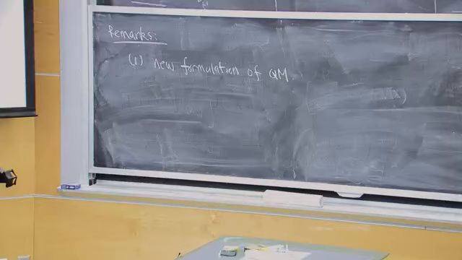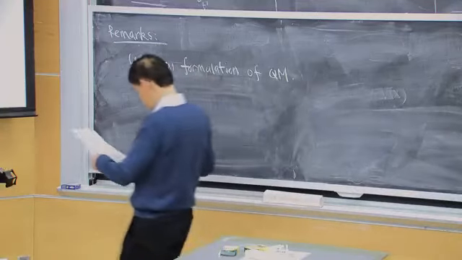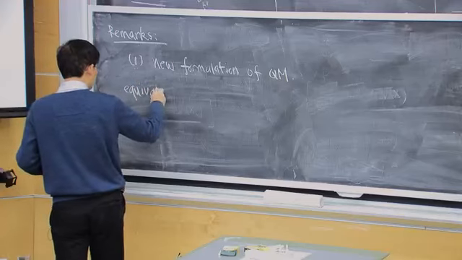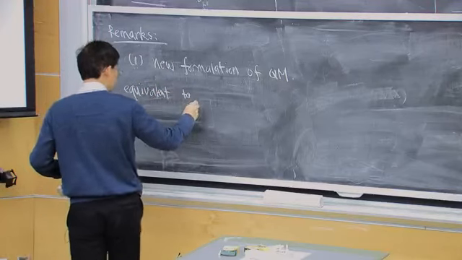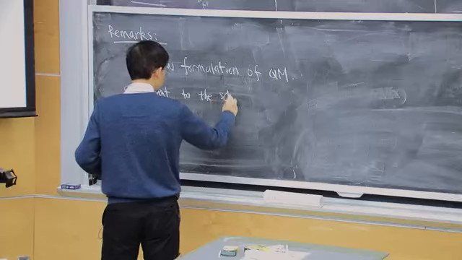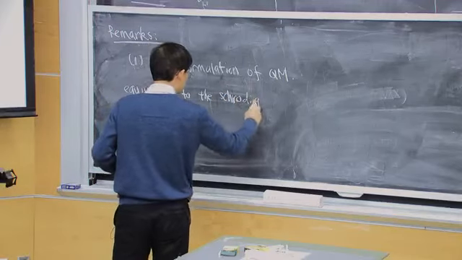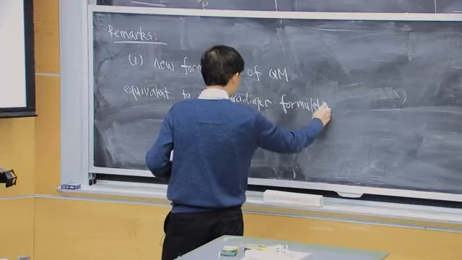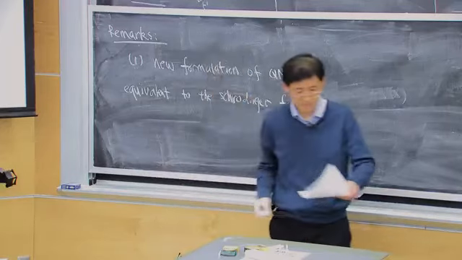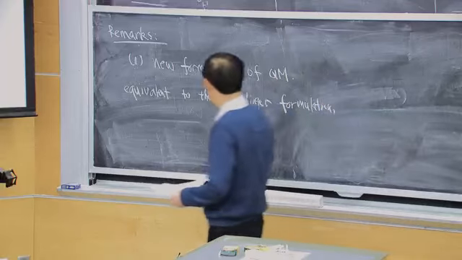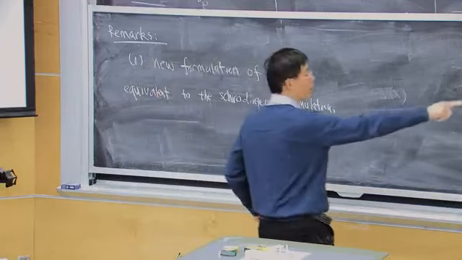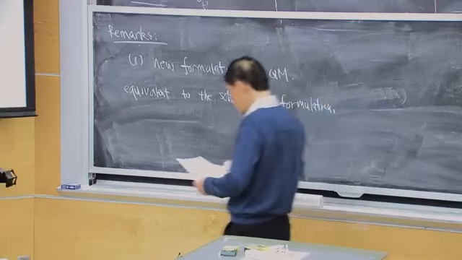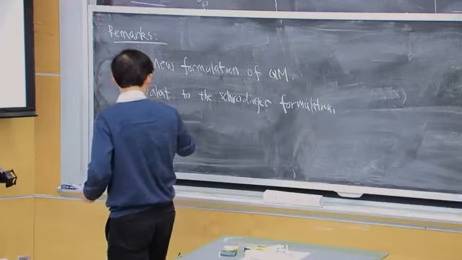You can show that this is equivalent to the Schrodinger formulation, by showing that the k you calculate using path integral actually satisfies the Schrodinger equation.